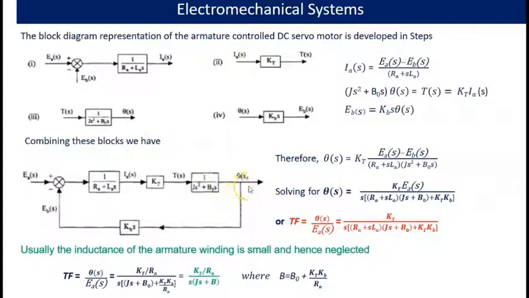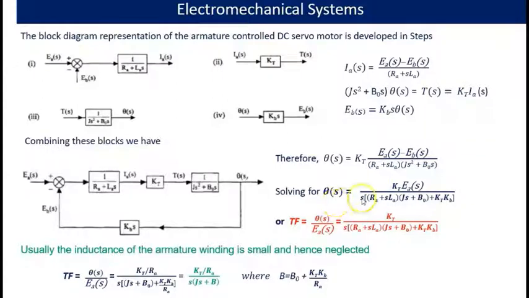Therefore, this is a cascaded connection. So theta(S) is equal to KT into (EA(S) minus EB(S)) divided by (RA plus SLA) into (JS square plus B0 S), and EB(S) is equal to KB S theta(S).